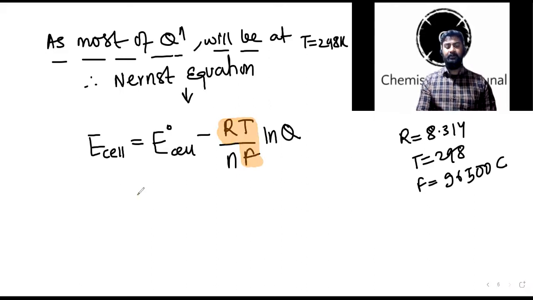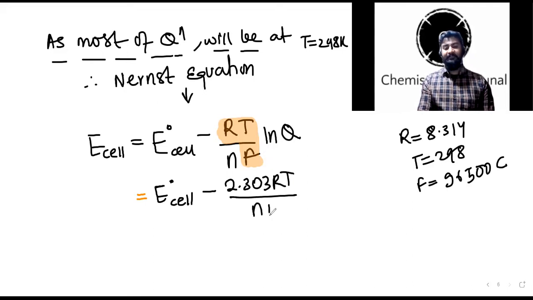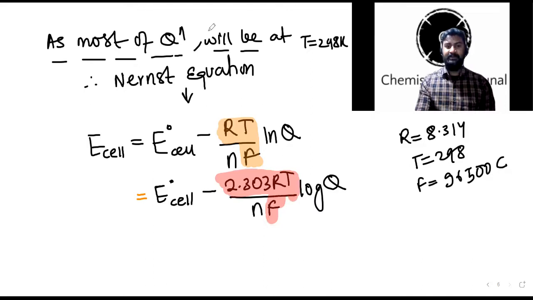This part along with the ln part will become E naught cell minus 2.303 RT by NF log Q. Now this part actually becomes, yeah, you guessed it right.